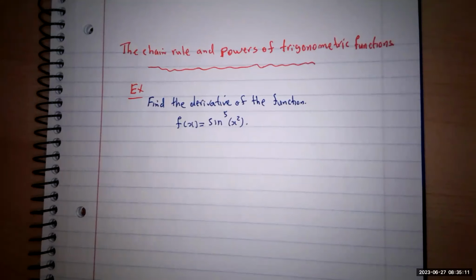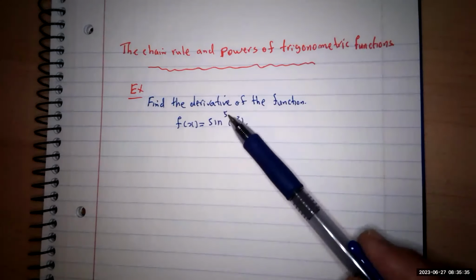It's a composition of functions in this case. How many functions can you see here? Sine to the fifth of the x squared. Three, yeah, excellent. It's going to be three functions. Why? Because you have the power here, so that's a power function to the fifth.